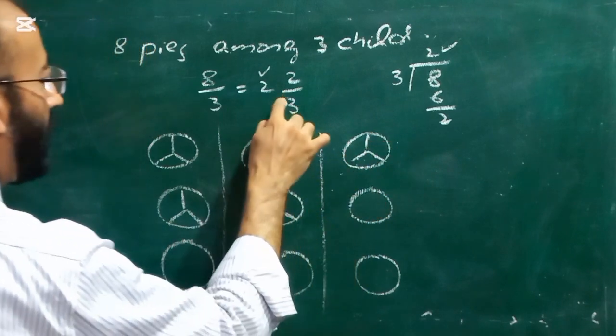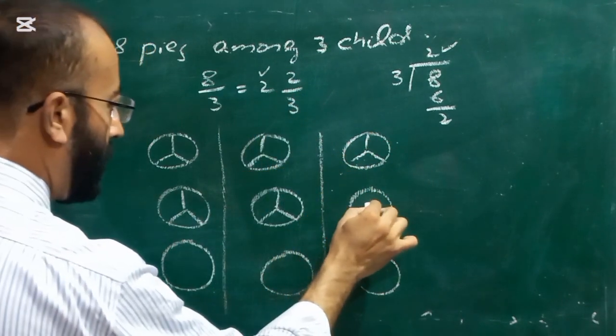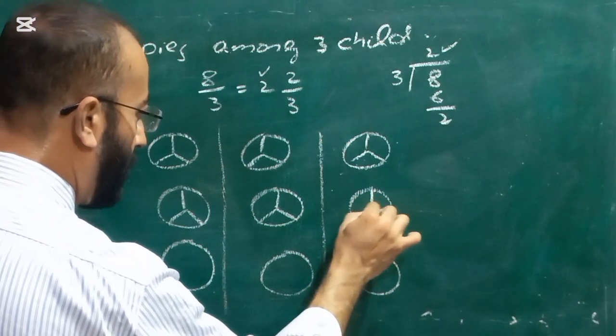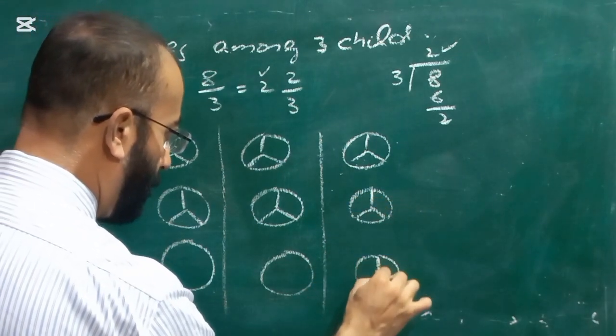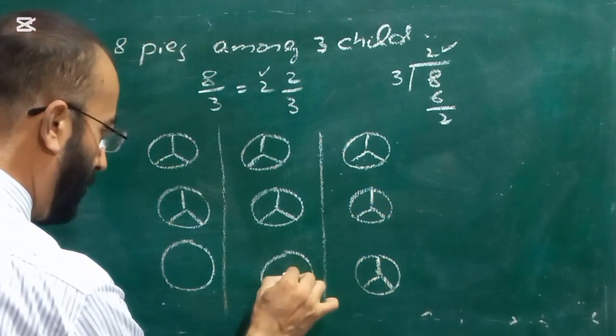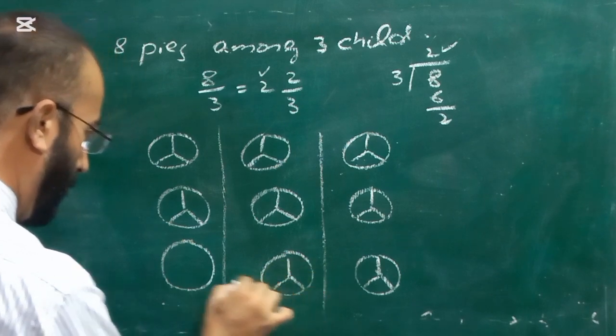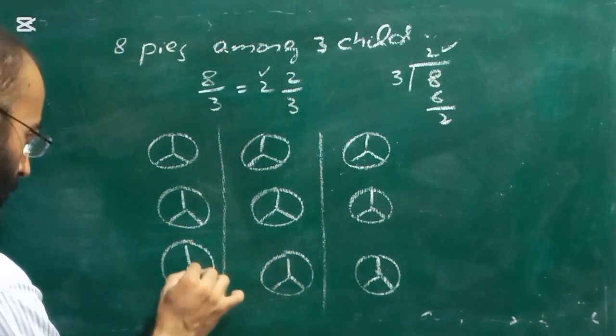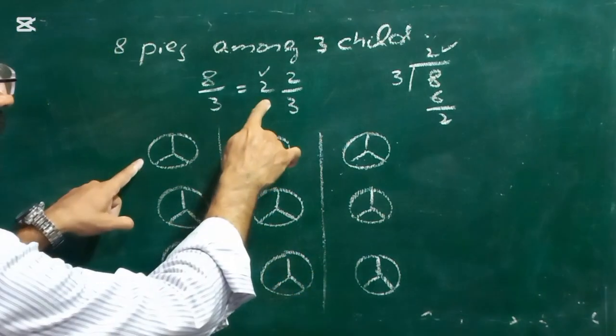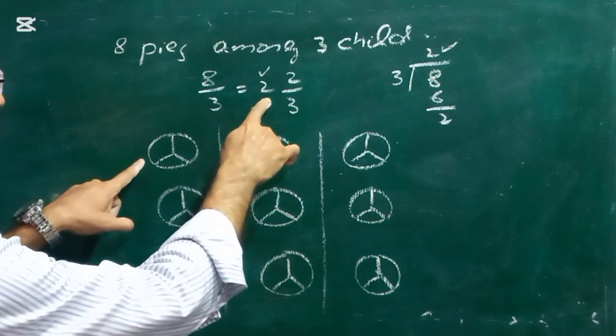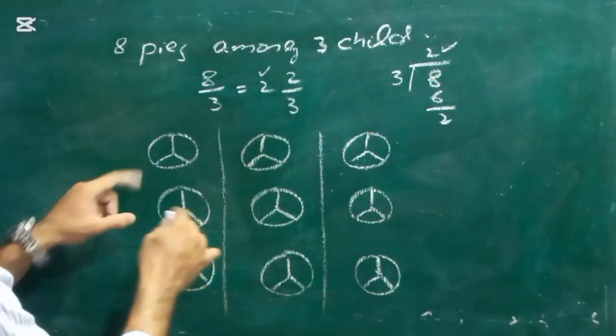The fraction will tell us what fraction should be made. So the 3 stands for 3 parts in total should be made of each pie. So 2 full pies will be given to each child and 2 by 3 of the part will be given.